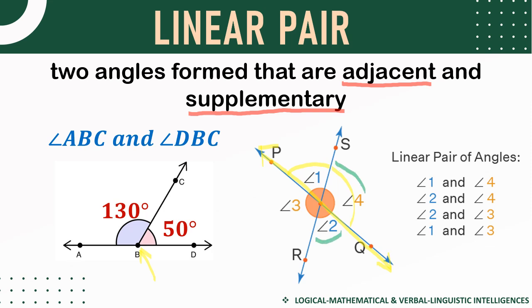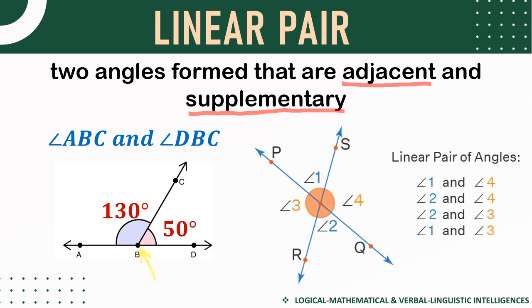Our indicator this time is this line RS. This is a half circle rotation, which gives us 180 degrees. So again, if we sum up angle 2 and angle 4, that would give us 180 degrees as well. Same manner with the rest of the pairs listed in this example.